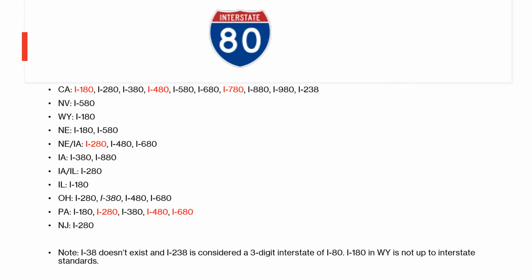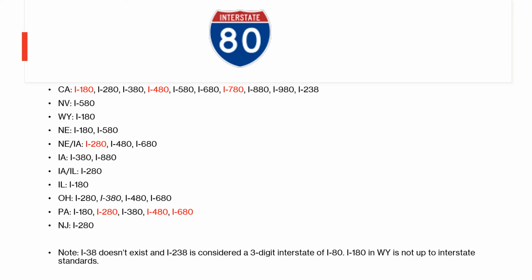And then you have Pennsylvania, you have 280, 480, 680. These were actually part of I-80 when it was split, when I-76 used to be known as I-80 South, I-80S. So that's where you get the 280, 480, 680, which are now 276, 476, and 676.